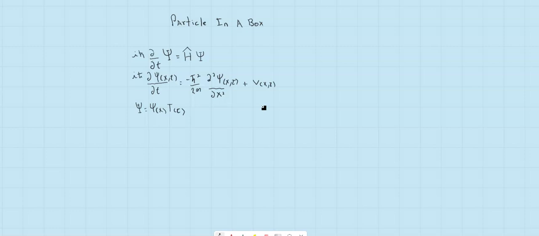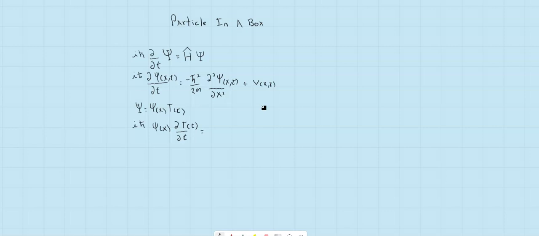So we're going to write the equation iħ, and then we're going to put psi of x times the partial of capital T of t over the partial of t.